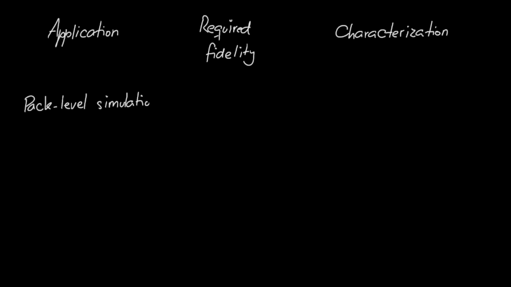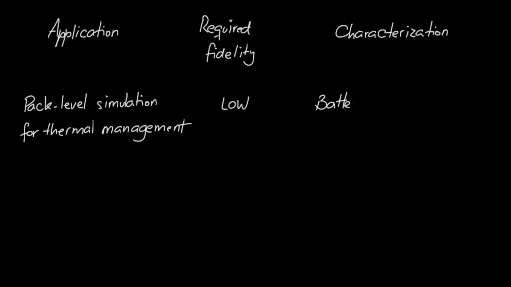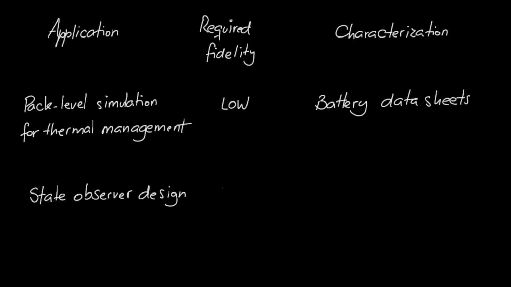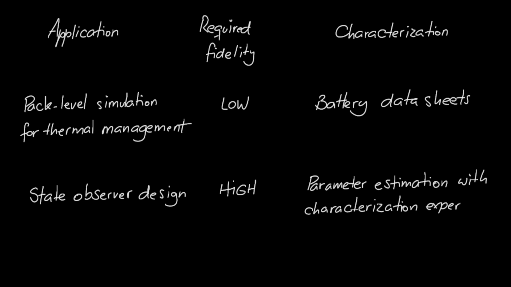Pack-level simulation for thermal management design, for example, may only require a low level of fidelity, whereas the development of state estimation algorithms will demand a more detailed representation. For the former, the information provided in battery specification datasheets may be sufficient. For the latter, we will need to fit a model to a dedicated characterization experiment. We will talk about this later.